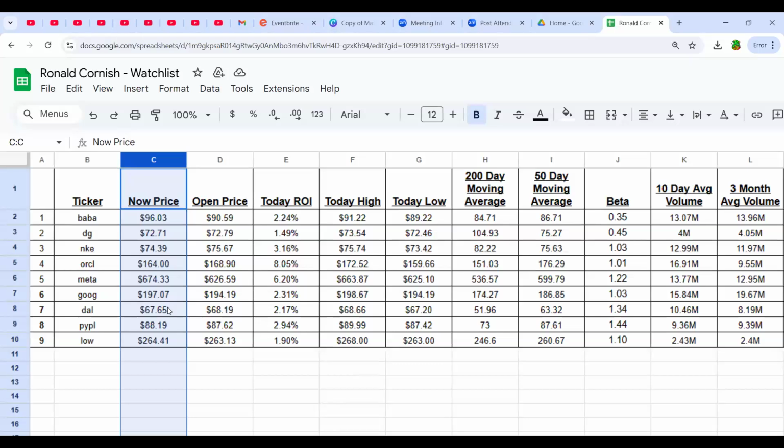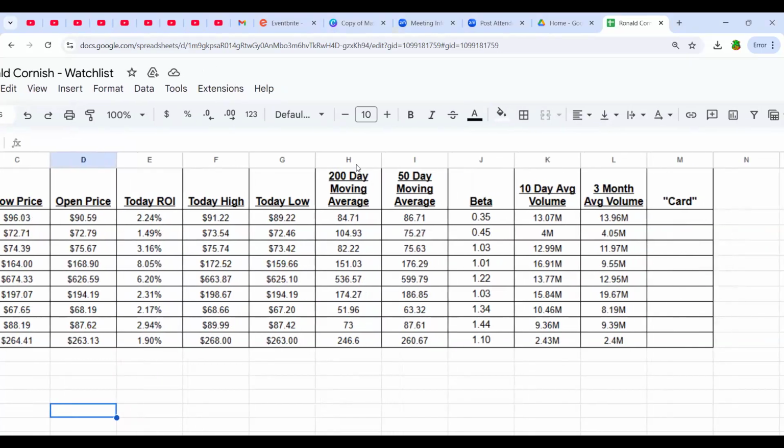Google's pretty much flat. Delta's flat. PayPal went down like a buck. Lowe's is up a little bit. Nike went down a buck. Dollar General is down a buck. And like I said earlier, Alibaba went up nearly $5. So you can get a vibe of how they're moving.